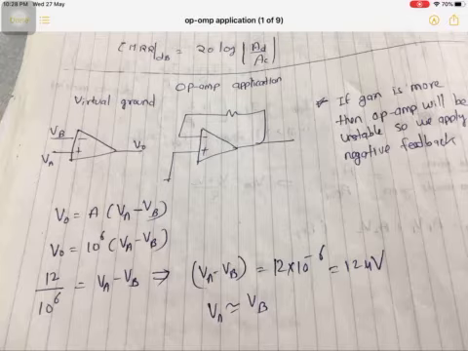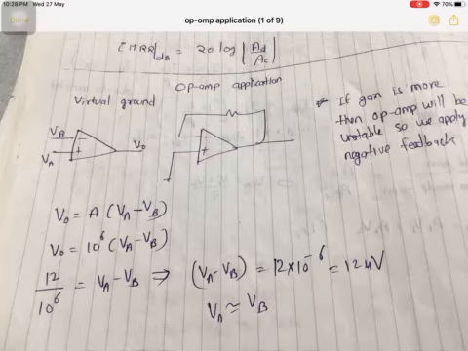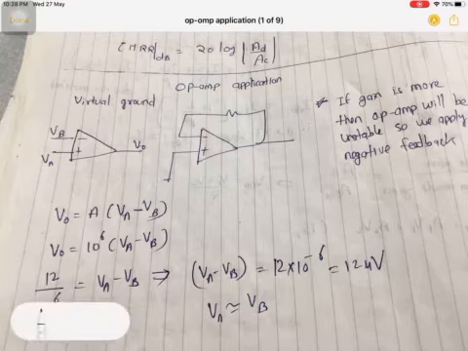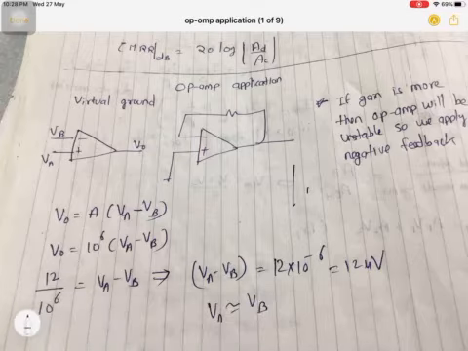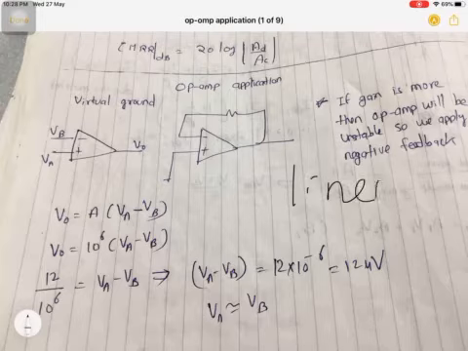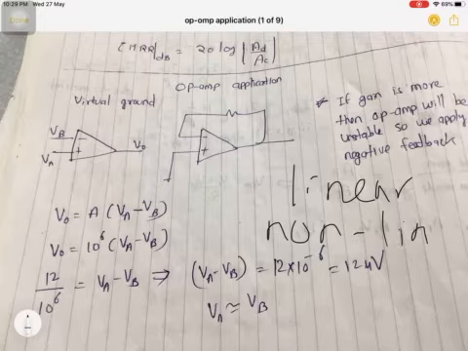The other case is the saturation region, or non-linear region, where the output remains constant. Based on that, we will divide our applications into two parts: linear and non-linear. These are the two types of applications of an op-amp.